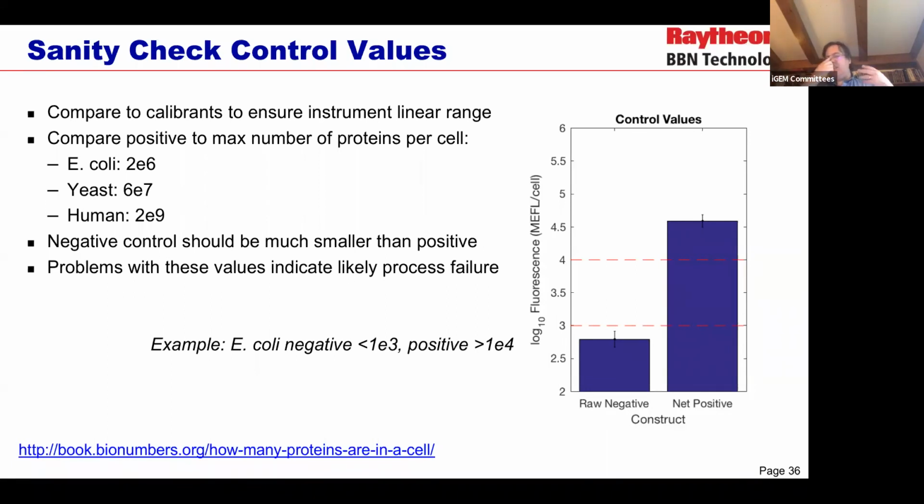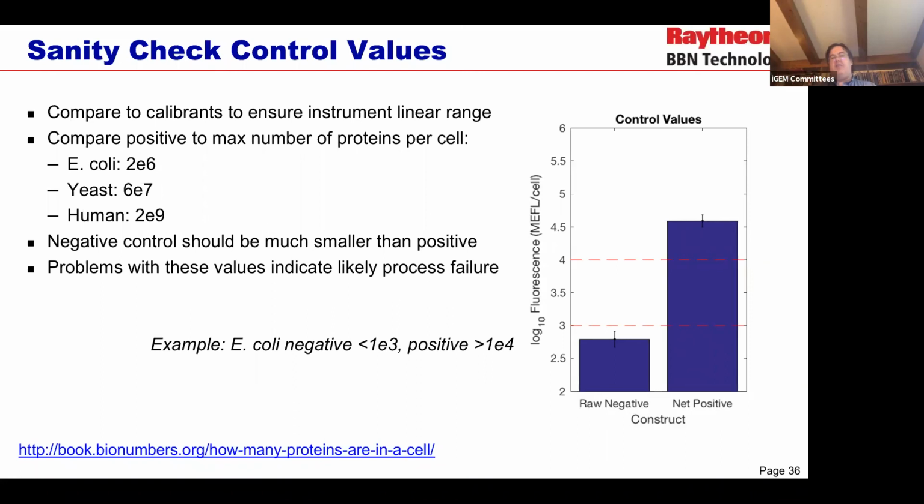Since the calibrants let us estimate equivalent number of proteins per cell, we can compare what we're getting for the positive control to the number of proteins that's reasonable for a cell to produce. So in an E. coli, the total number of proteins in a cell is on the order of 2 times 10 to the 6th. These are numbers I got from BioNumbers, the BioNumbers site linked below.